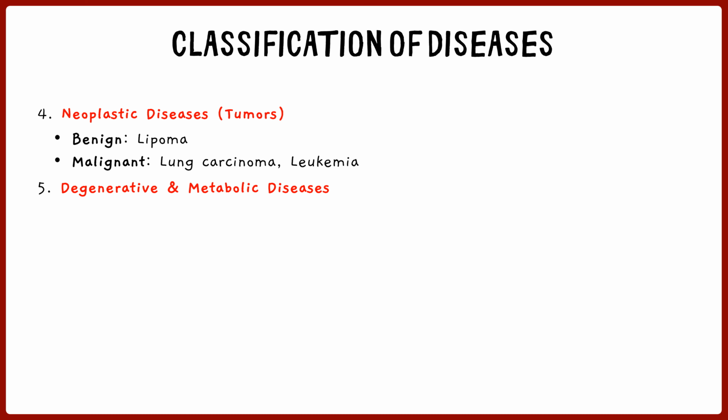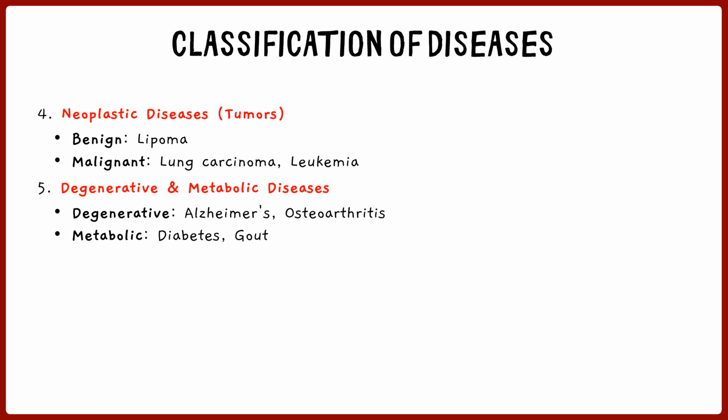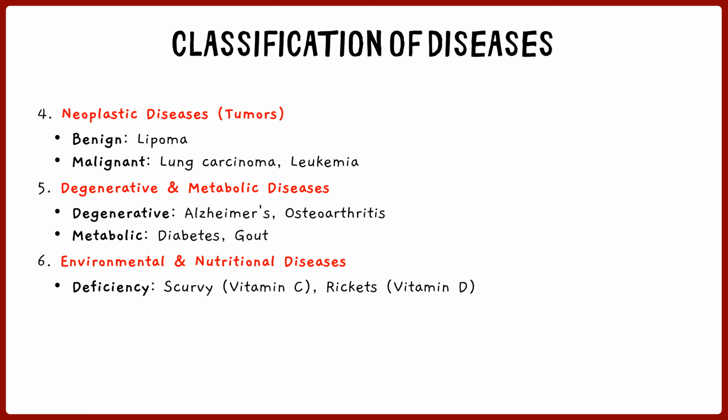Next, we can also have degenerative diseases and metabolic diseases. Degenerative like Alzheimer's and osteoarthritis. Metabolic like diabetes mellitus and gout. And lastly, we have the environmental and nutritional diseases like deficiency, like vitamin C deficiency is scurvy, and vitamin D deficiency is rickets.